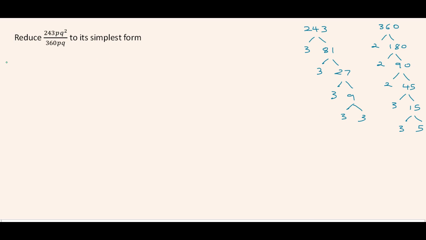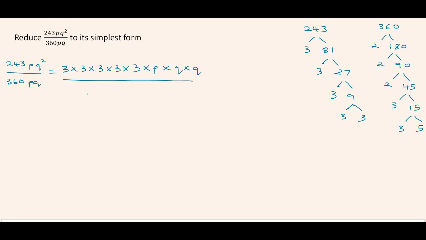So now we're going to rewrite this 243 pq squared divided by 360 pq. 243 is 3 times 3 times 3 times 3 times 3 times p times q times q, divided by 2 times 2 times 2 times 3 times 3 times 5 times p times q.